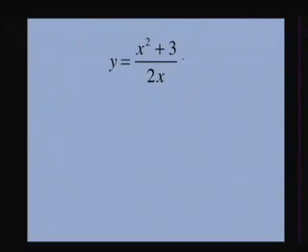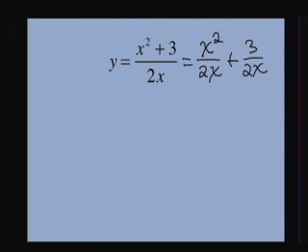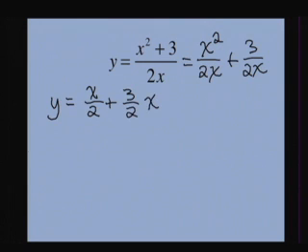We can split this up as x squared over 2x plus 3 over 2x, and then simplify that a little bit so we get y is equal to x over 2 plus 3 halves times x raised to the minus 1.